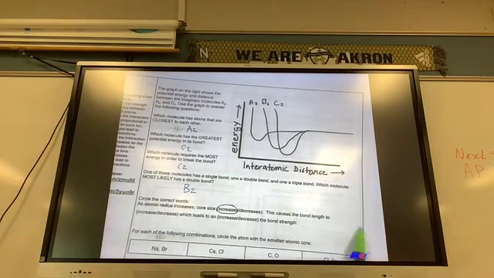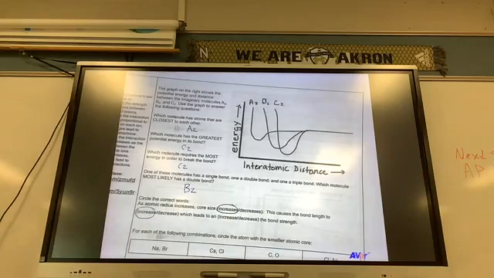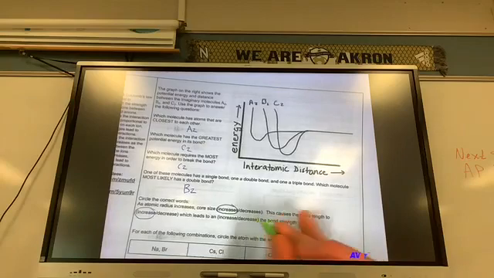This causes the bond length to increase. If the radii are bigger, they're going to be farther apart, which leads to a decrease in the bond strength. This is why the smaller atoms have the stronger bonds.